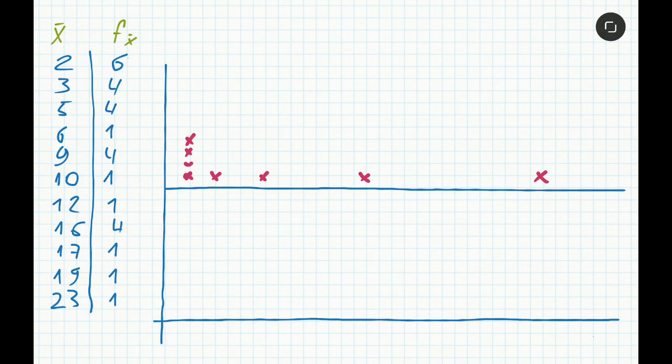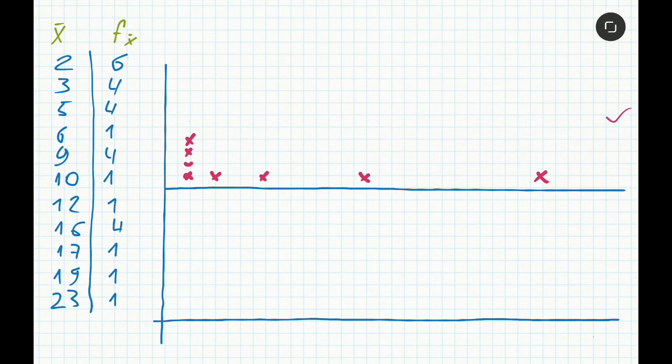Okay, and now let's try to graph the distribution. Here on the upper panel I have graphed the distribution of the population itself. We have 4 entries of 2 here, we have one entry of 4, it's here, one entry of 8, and so on.